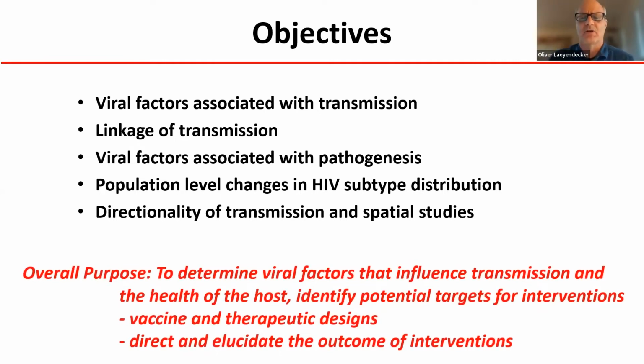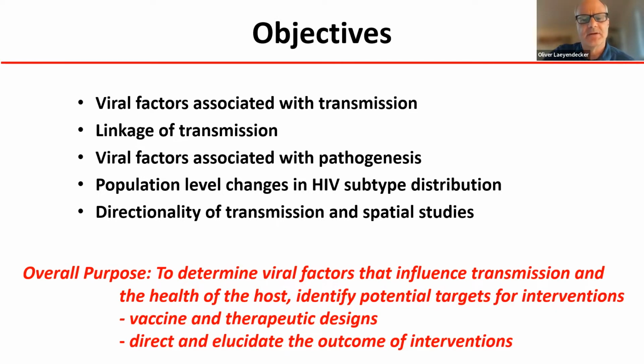And the point to all of this is this gives us the targets for intervention. It gives us the ability to understand, are we actually controlling the epidemic? Are we reducing the numbers of new infections and the impact of the HIV epidemic?